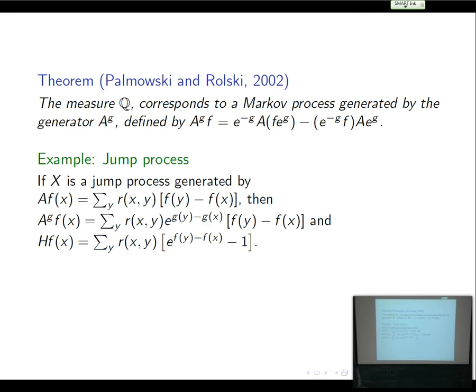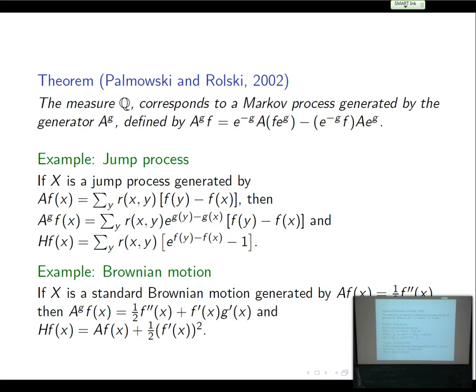Okay, and so the second example that I want to look at is the case that I started out with, so simple Brownian motion. I have a generator which is given by 1/2 times the second derivative, and then if we start to look at these tilted generators, we see that A^G adds this drift term.